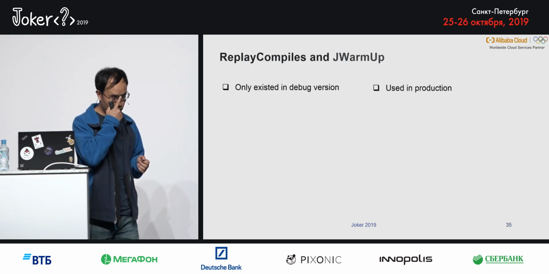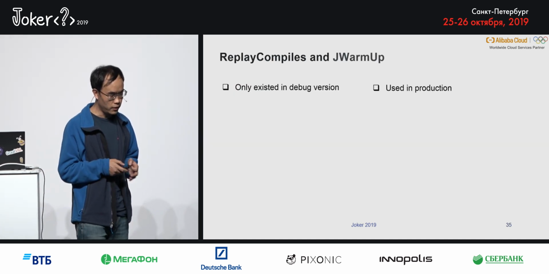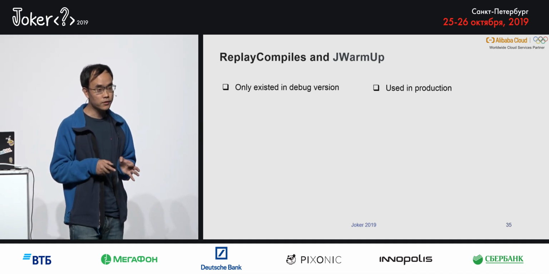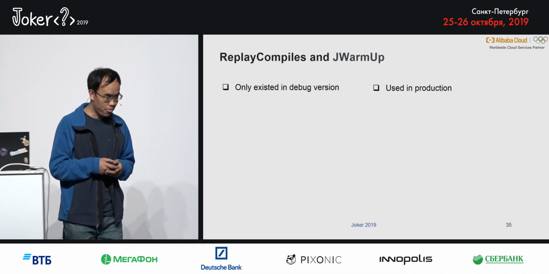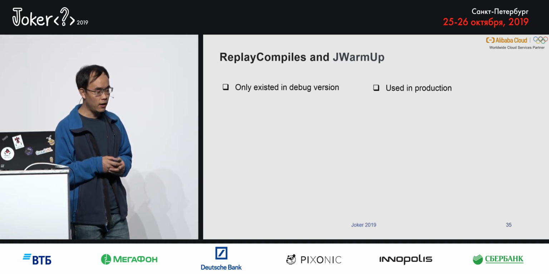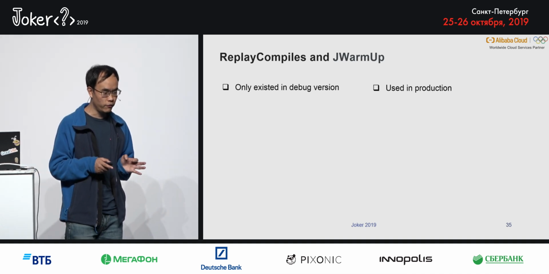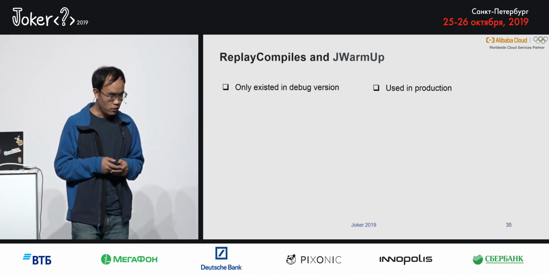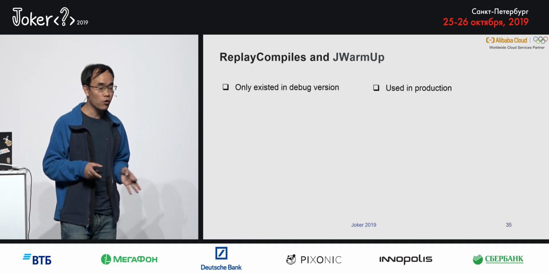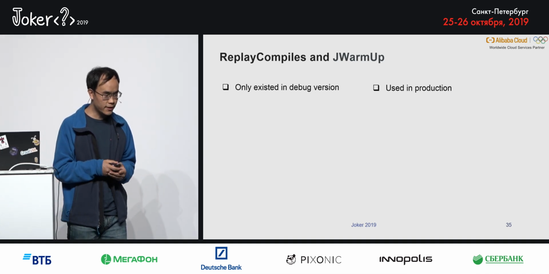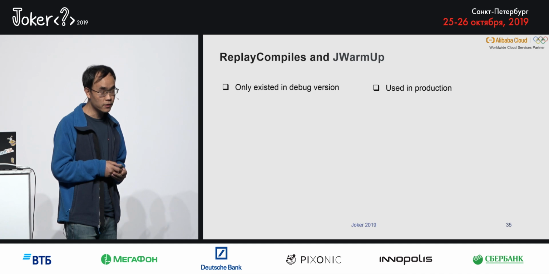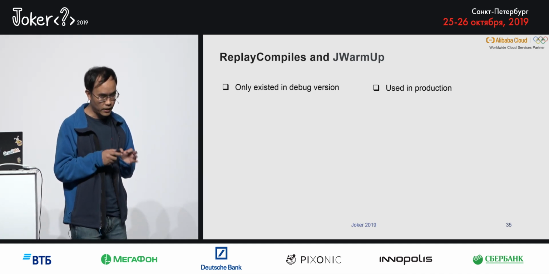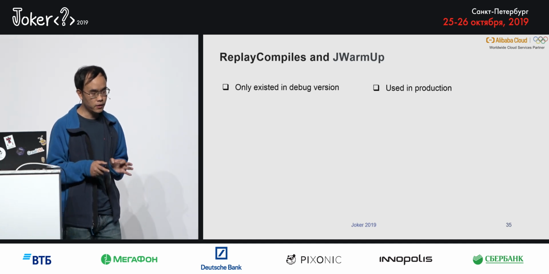So the second comparison is between replay compiles and JWarmup. HotSpot has a very interesting feature we call replay compiles. What's the difference between replay compiles and warm-up? The first thing is replay compiles only exist in the debug version, but warm-up has been used in production.